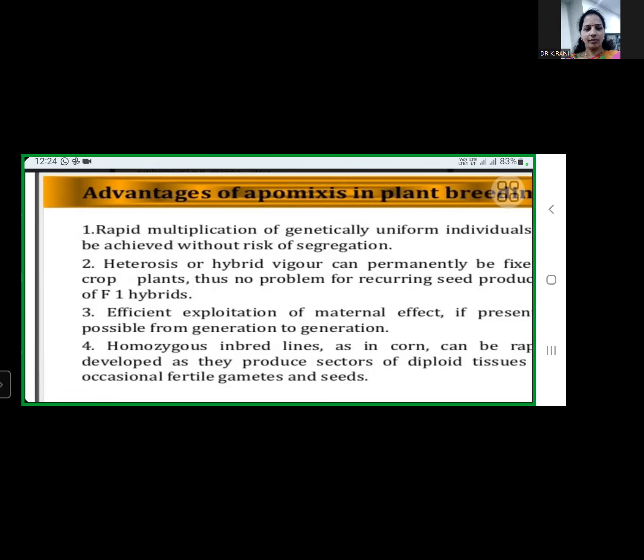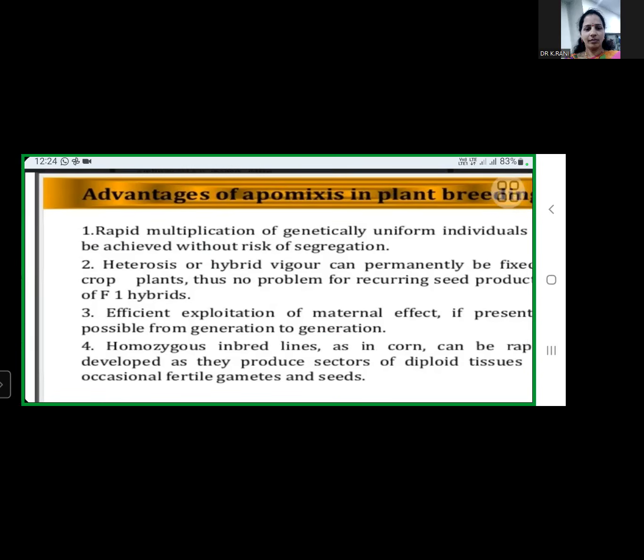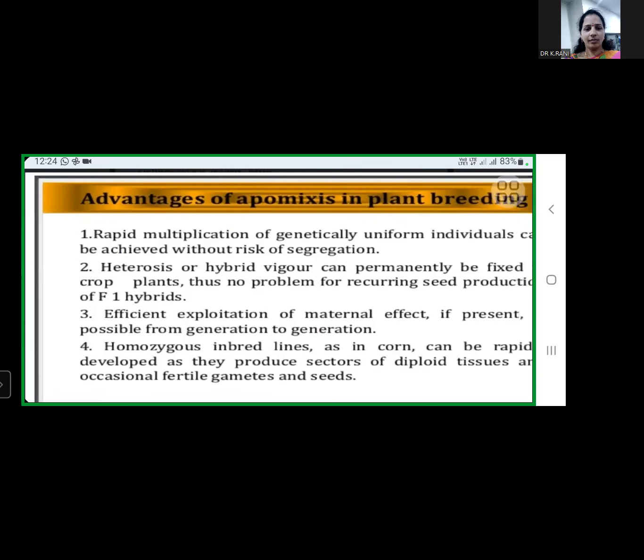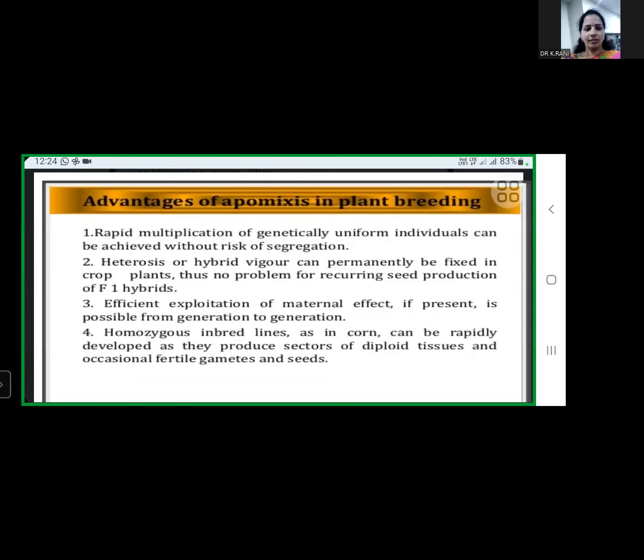So rapid multiplication of genetically uniform individuals can be achieved without risk of segregation. In this, heterosis or hybrid vigor can permanently be fixed in crop plants. There is no problem of recurring seed production of F1 generation or F1 hybrids.